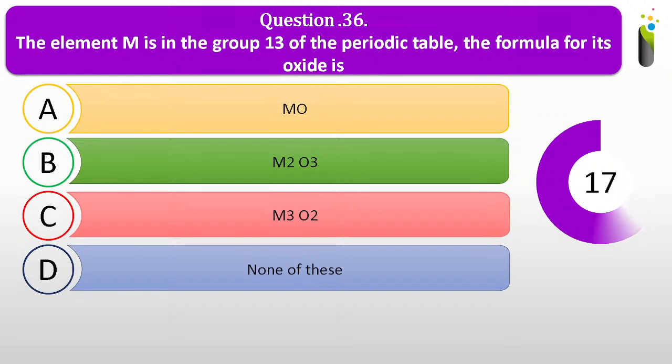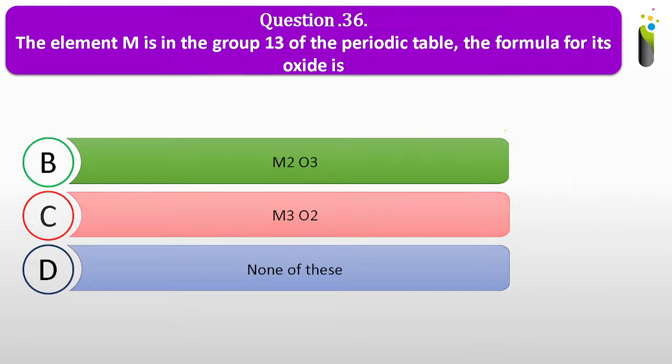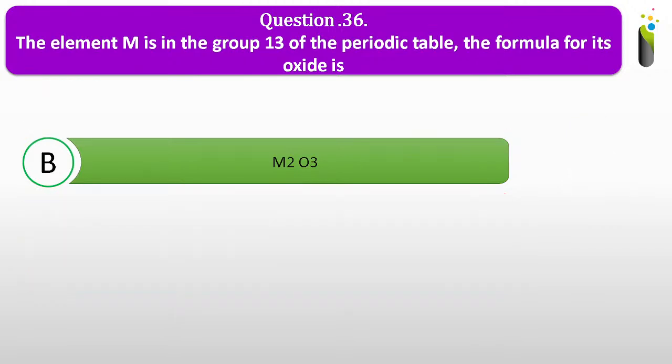So the correct answer for question number 36, the element M in the group 13 of the periodic table, the formula for its oxide is M2O3.